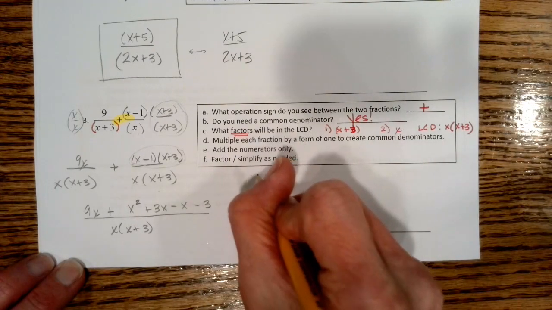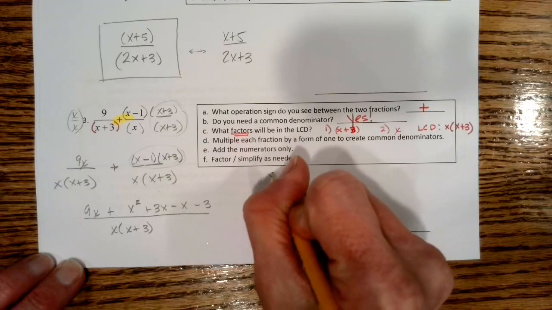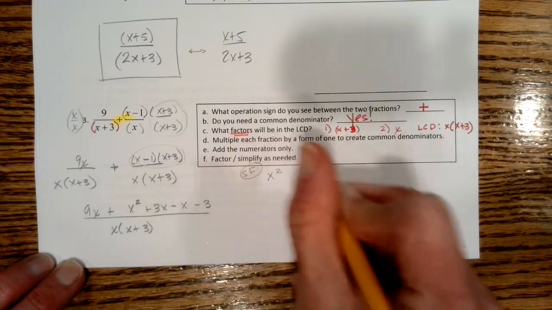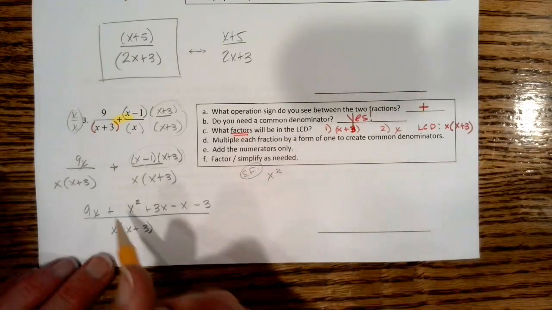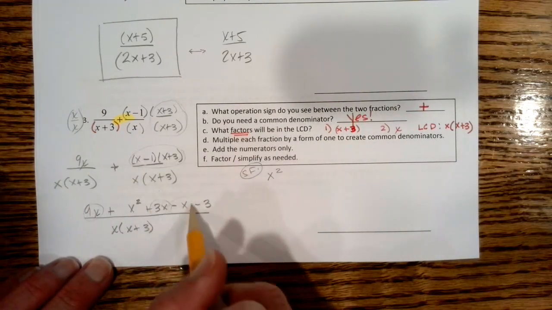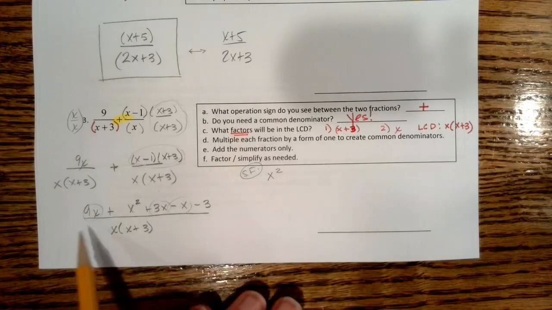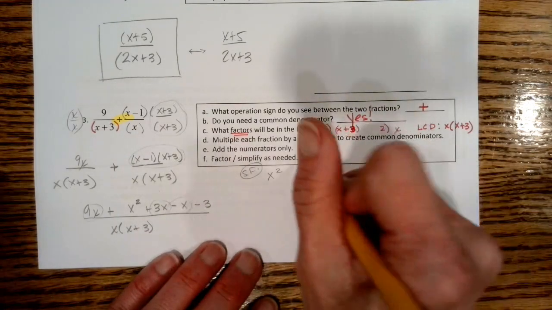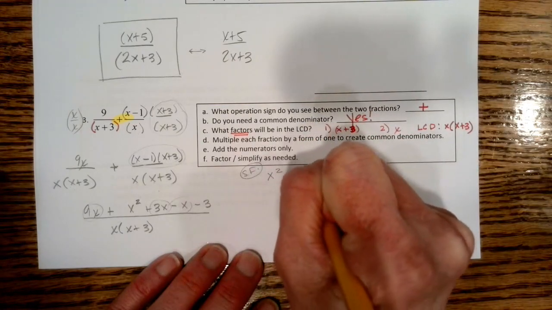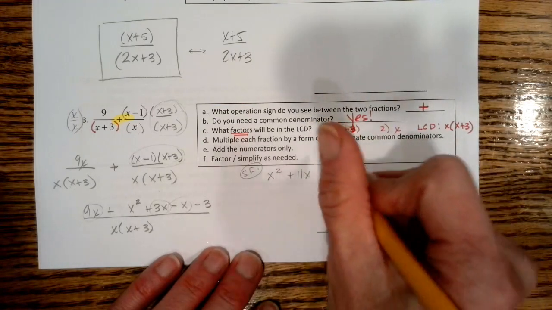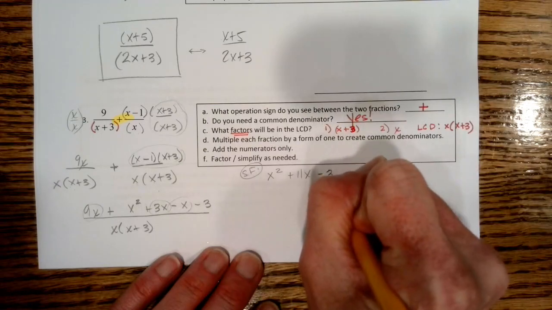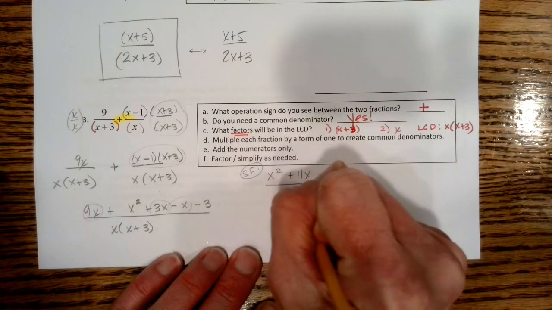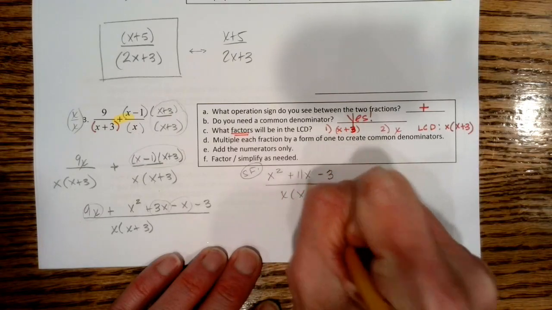So I'm going to come over here and continue my work, put it in standard form. And when I put it in standard form, my x squared comes first. I'm going to combine all of my x's. 9 plus 3 is 12, minus 1 is 11, minus 3, and I have here over x times x plus 3.